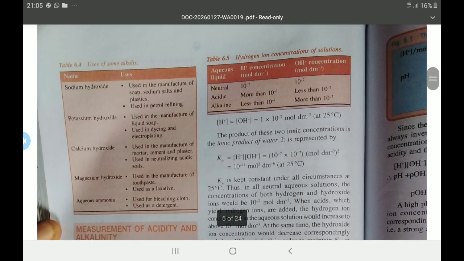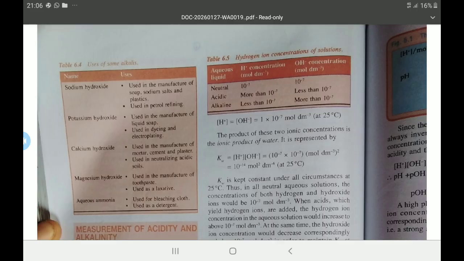So uses of alkalis: sodium hydroxide is used in the manufacture of soap, sodium salt, and plastic, and used in petrol refining. Number 2, potassium hydroxide, used in the manufacturing of liquid soap, in dyeing and electroplating.